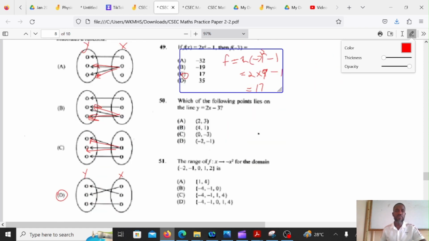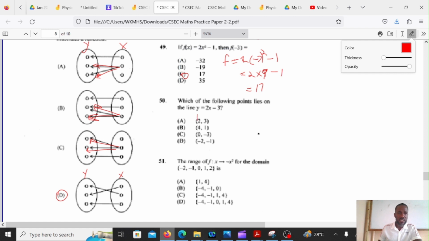Which of the following points lies on the line y = 2x − 3? That is our x value and that is our y value. Whenever we insert our x value into this equation, we are supposed to get our y value. For the first one, x is equal to 2.